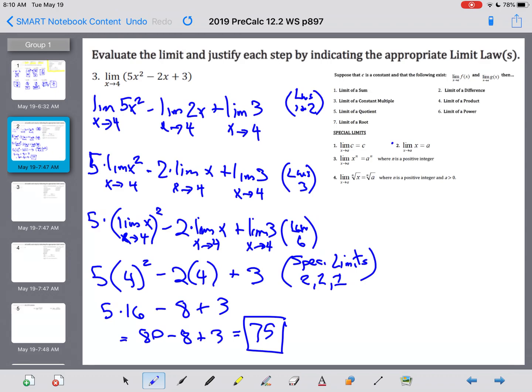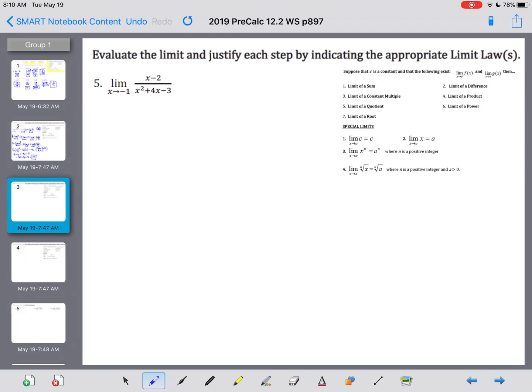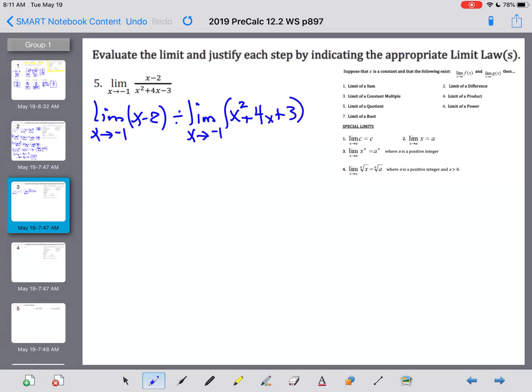Wasn't too bad. Next one here, first thing I'm going to do is do a quotient law. The limit as x approaches -1 of x minus 2 divided by the limit as x approaches -1 of x squared plus 4x plus 3.